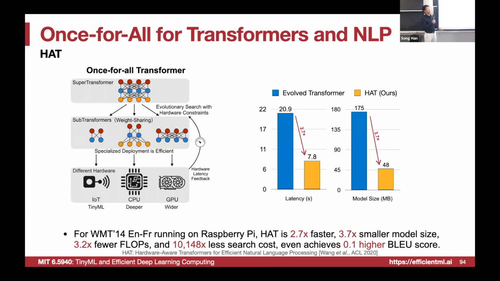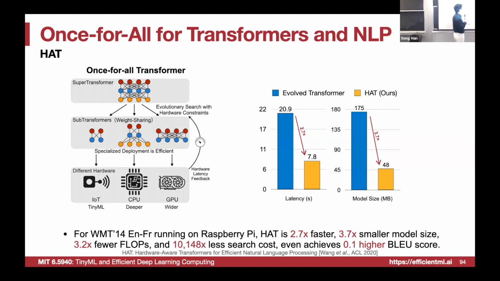This work expands the once-for-all network to transformers. So we first train this once-for-all transformer and then derive different sub-transformers by weight sharing. We can use a smaller transformer for an IoT device, a larger, wider transformer for GPU, and a deeper, shallower, and narrower transformer for the CPU.